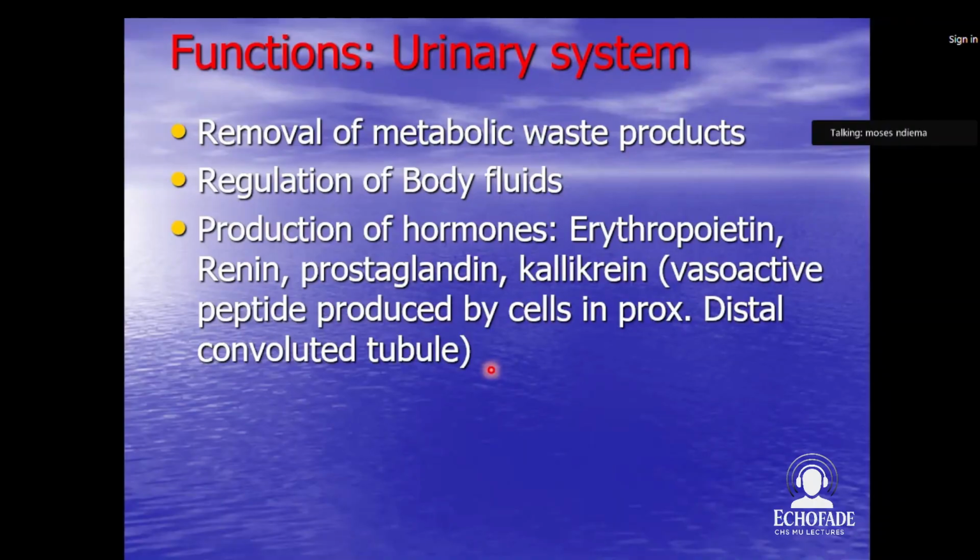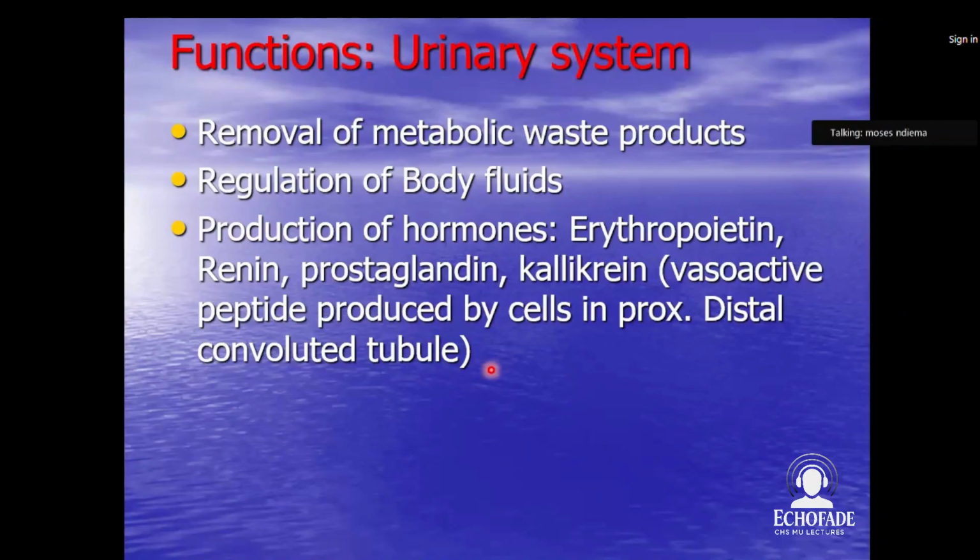The aldosterone is then transferred to the kidney, where you have reabsorption of sodium in the distal convoluted tubule. As a result of the reabsorption of sodium, you then have passive reabsorption of water. That increases the blood volume, and therefore the blood pressure goes up.